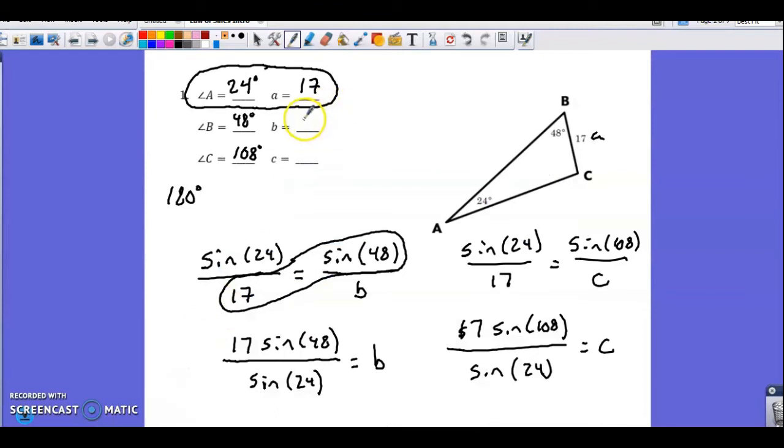So over here, 31.06 was the first one, 39.75. Like I said, the smallest angle will always give you your smallest side, 24 and 17. Largest will give you your largest, 108, 39.75 is the biggest. That's it.